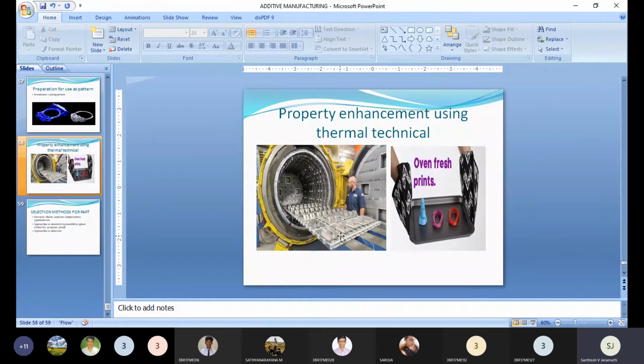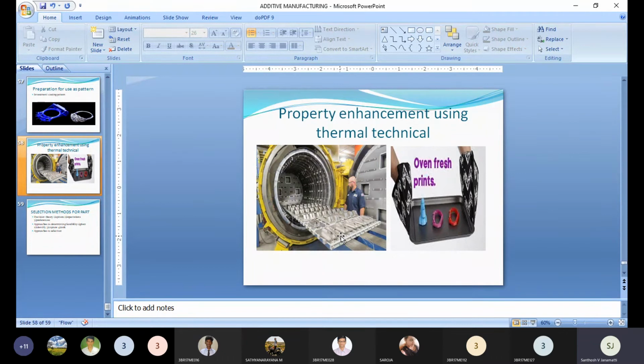So we need to overcome all these kinds of problems, because these contaminations, this moisture content and these residual stresses may lead to sudden failure in the material, and as a result the service life of the 3D product will be reduced.